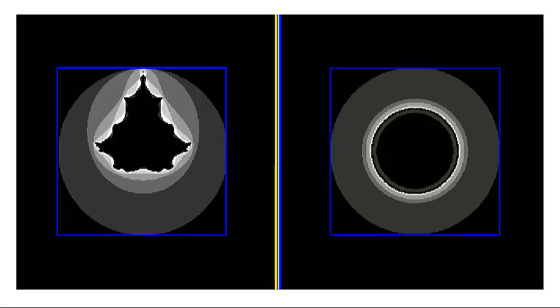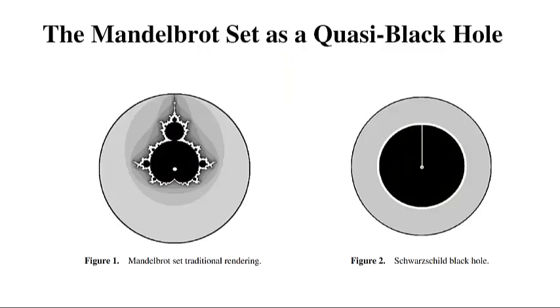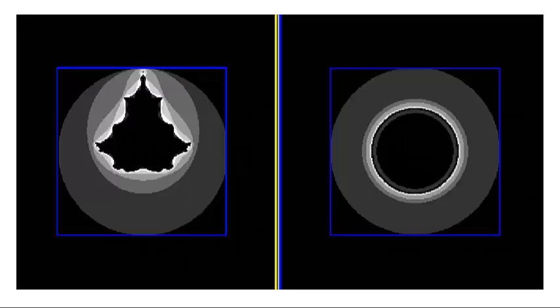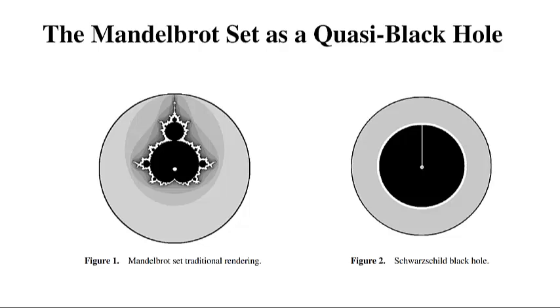One thing I did notice when looking at these 2 volumes side by side is how much it reminded me of the figure from my paper, the Mandelbrot set as a quasi-black hole. I wrote this paper long before I ever did this Quaternion implementation of the Mandelbrot set. In the paper, I'm comparing the Mandelbrot set to the geometry of the Schwarzschild black hole.